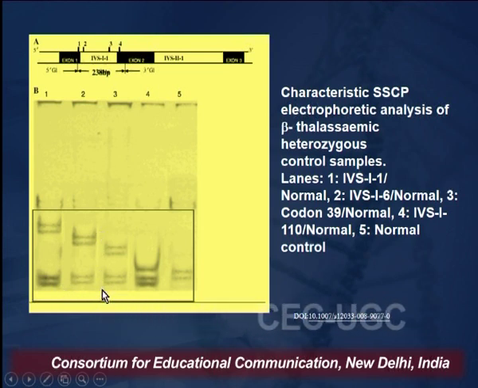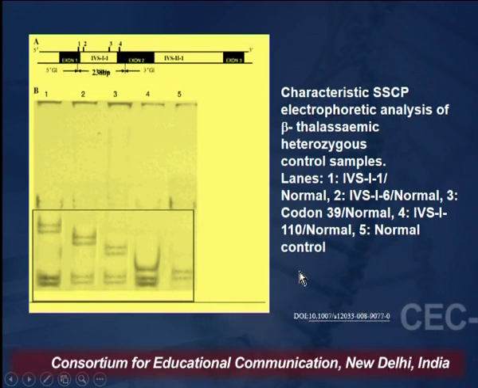Then somewhere there is a codon 17 or codon 3 mutation which is present along with the normal gene. So, this is the normal gene, and these arise because of the differences in the conformations due to the differences in the sequence which has arisen from the different kinds of mutation.